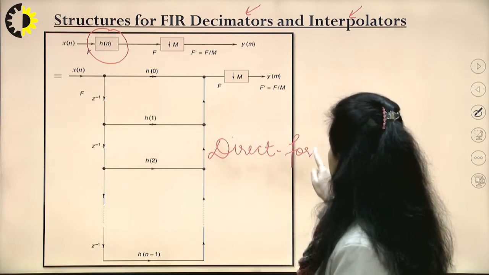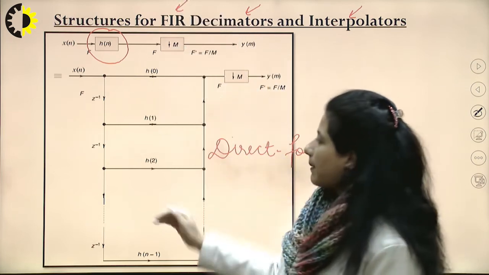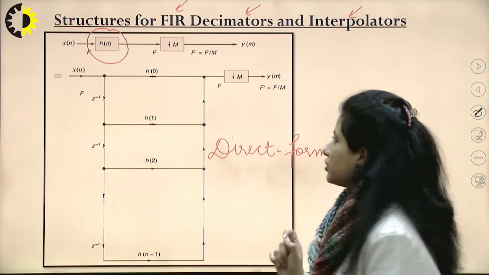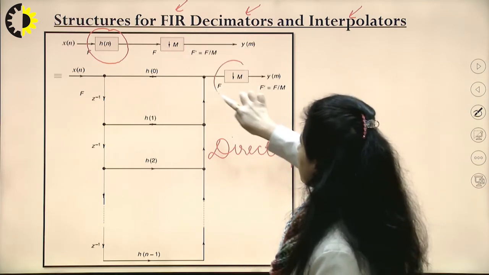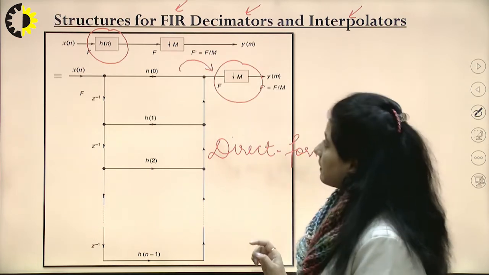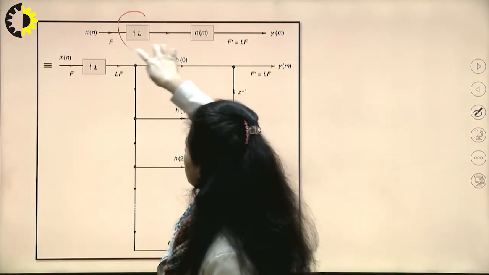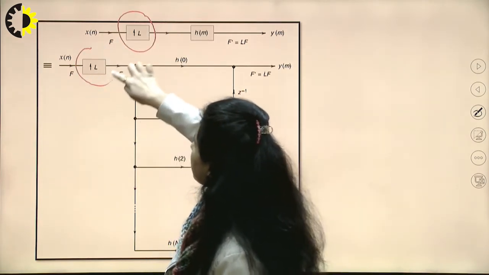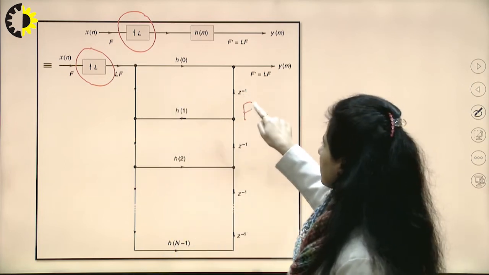The forms of structures which are applicable for FIR filters would be applicable here, with only one change: when I'm talking about the decimator, this decimator would be placed after H(n). And similarly, when we're talking about the interpolator, this process of interpolator, that is upsampling by the value L, would be preceding this FIR structure.